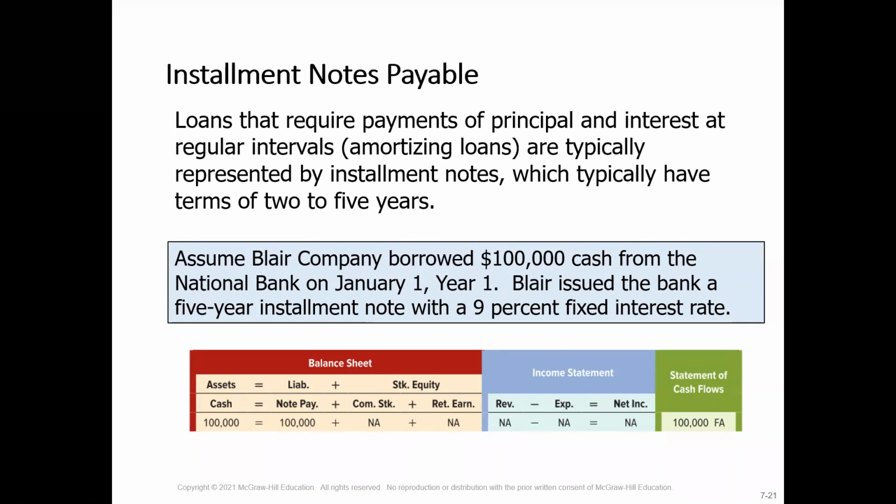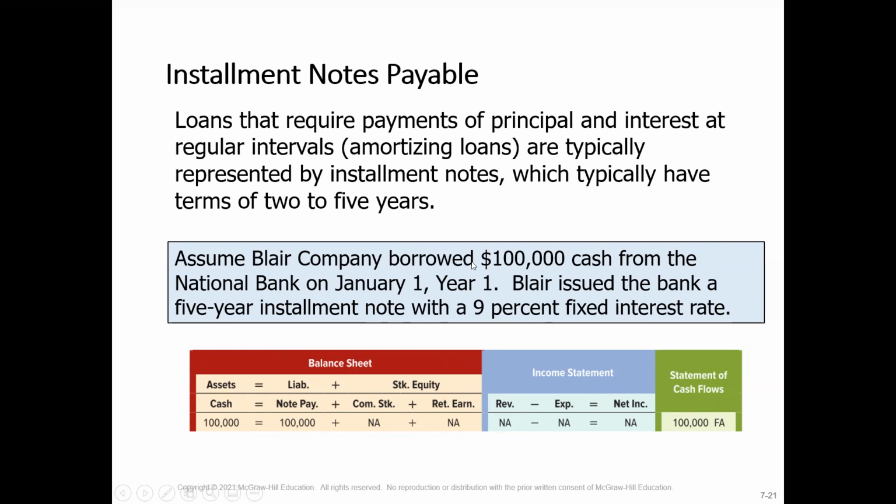Well, we're going to pay that installment note on a regular basis. In this case, it looks like it's going to be annual payments of both principal and interest, but the payment amount will be fixed. So what we have to do is a loan amortization.